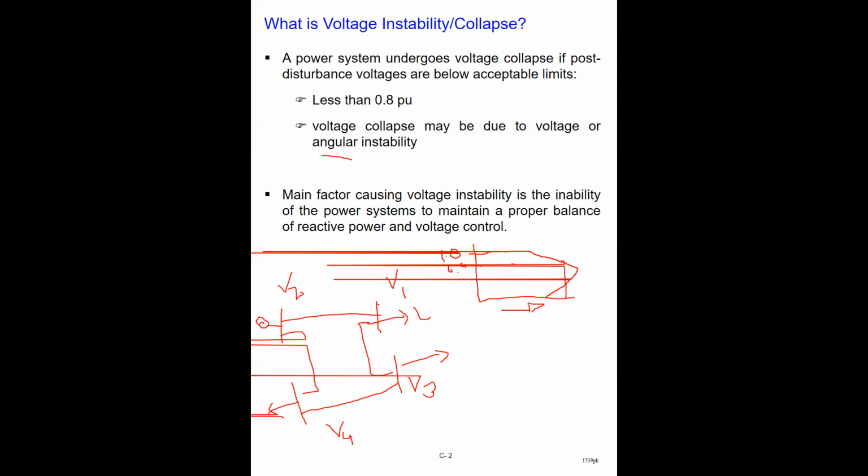So if this bus has a voltage collapse beyond the limits, this bus will be desynchronized from the remaining system. As a result of the voltage collapse, rotor angle instability will get initiated.